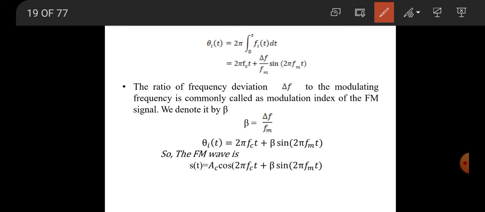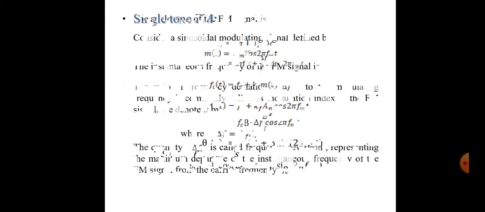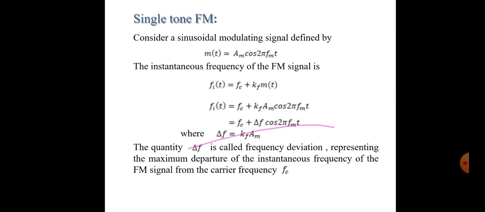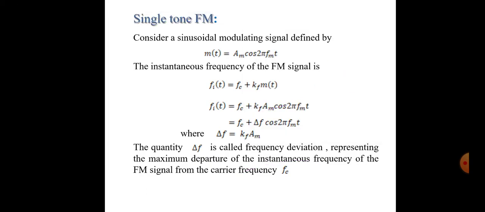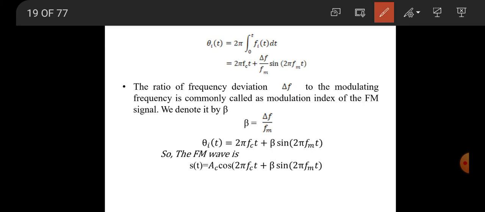So here you have to apply this fi of t, which is fc plus del f cos 2 pi fm t. This can be integrated, and after integration you will get sin 2 pi fm t divided by fm.